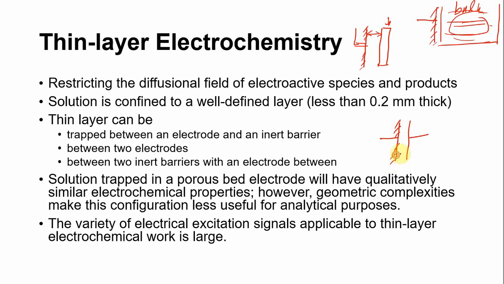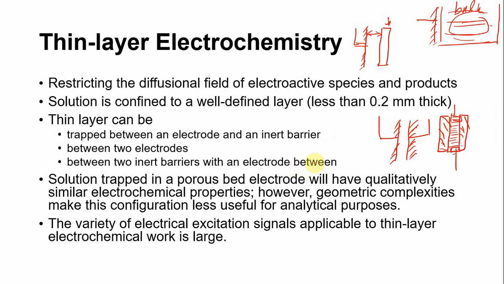Both of these are considered electrodes. Or it can be a thin layer present between two inert barriers, like for example these two inert blocks, with a thin layer between them, and then an electrode can be present at any part like this.